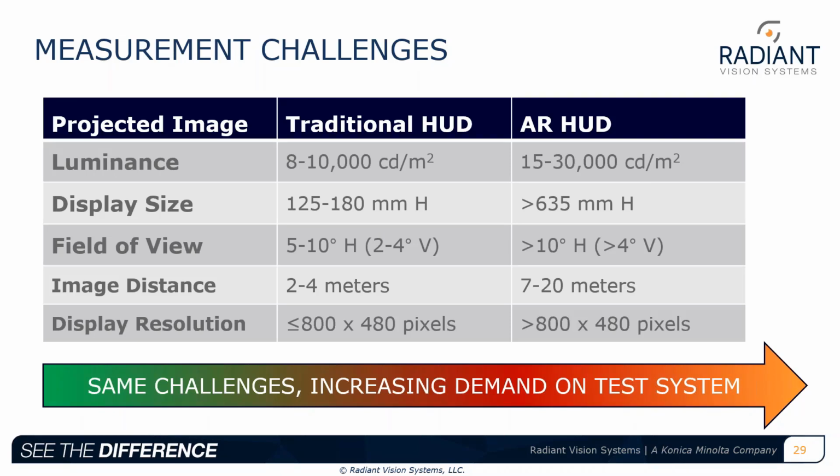However, with an augmented reality system, it's 3 times as high, but the distance is also 4 times larger on a maximum side, meaning it makes complete sense that you would need to drive a higher luminance output from these devices. When we look at the display size or the field of view, you can also see there's quite a large difference between them as we shift from a traditional unit to augmented reality.